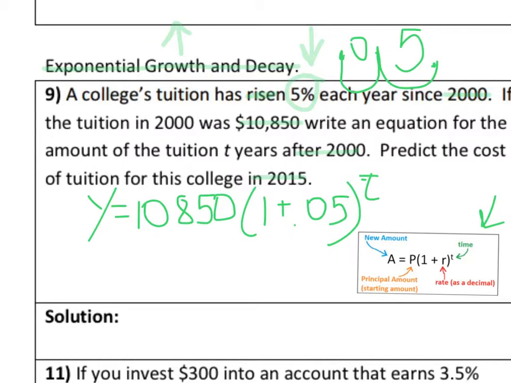The question also asks us to predict the cost of tuition for this college in 2015. So we need to fill in the piece of information that we don't have, which was T, the time. If we started in the year 2000 and it wants a prediction for 2015, then that's a difference of 15 years. So you're going to use this exact same formula.